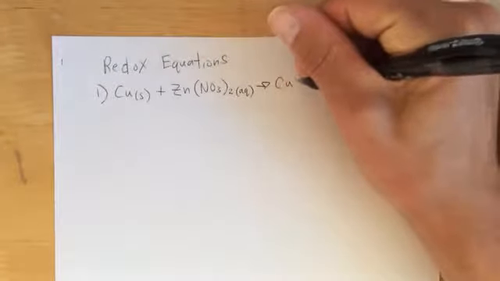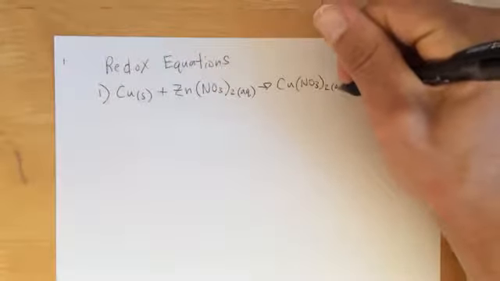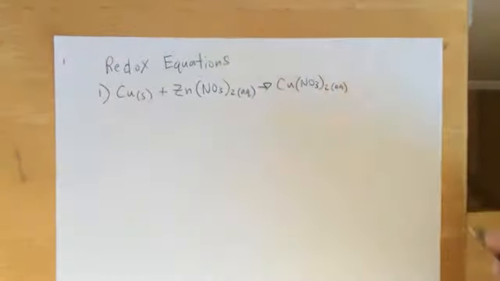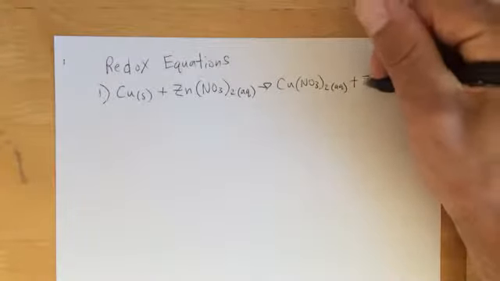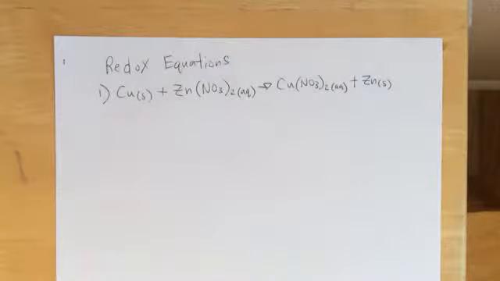So now we have copper nitrate, that's aqueous, and then we have our zinc solid. That is a balanced equation for a reaction that we observed. So do that for every reaction that you observe between a metal and the ion solution.